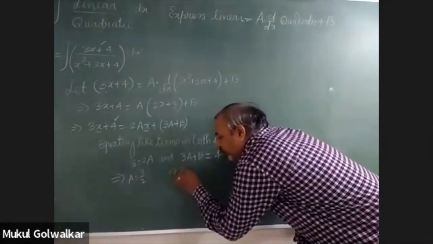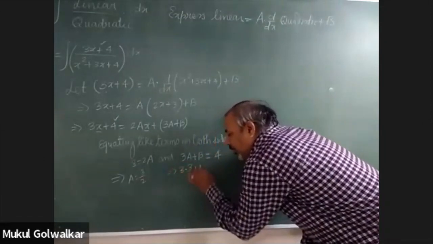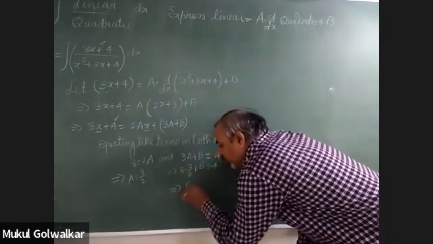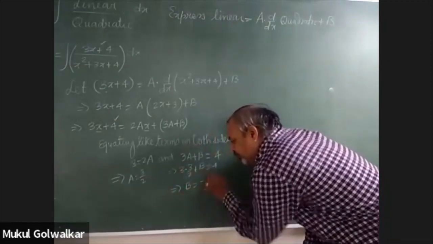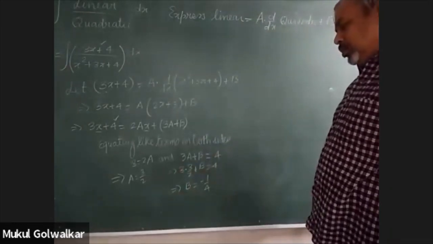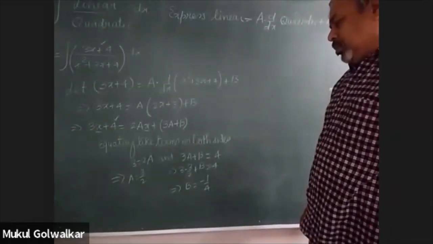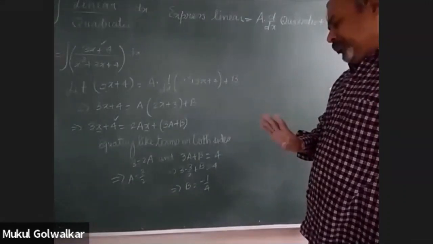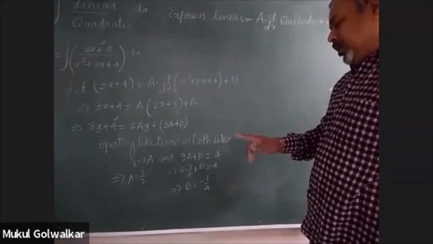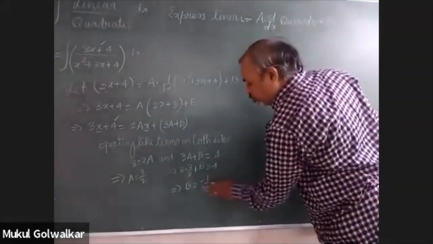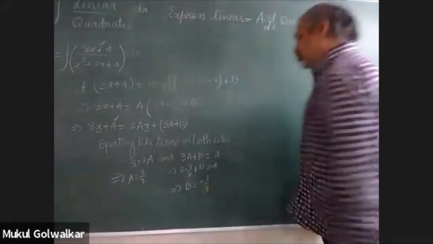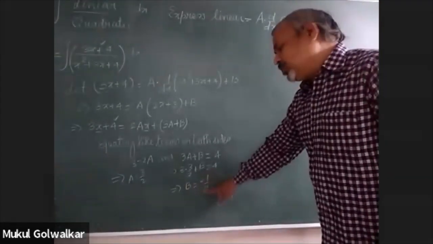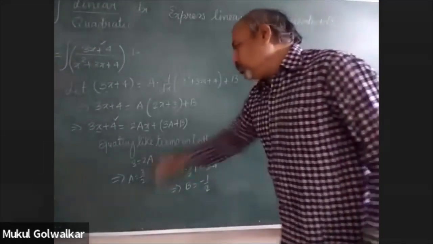So 3 into 3 by 2 plus b is equal to 4. Okay, and this will give you b is equal to minus 1 upon 4. Sorry, I committed a mistake. It is minus 1 by 2. Okay, so b is equal to minus 1 upon 2 and a is equal to 3 upon 2.